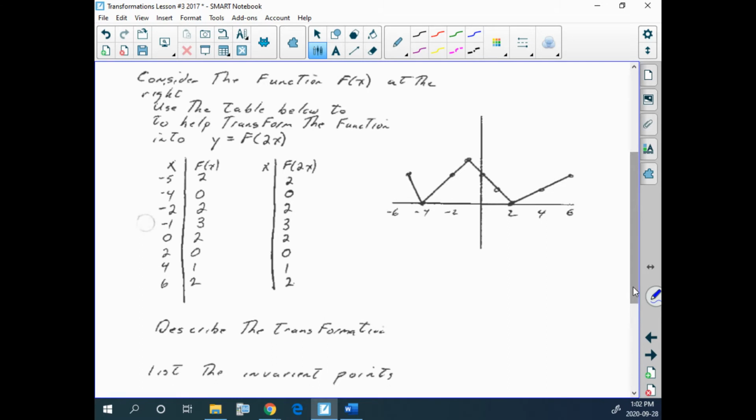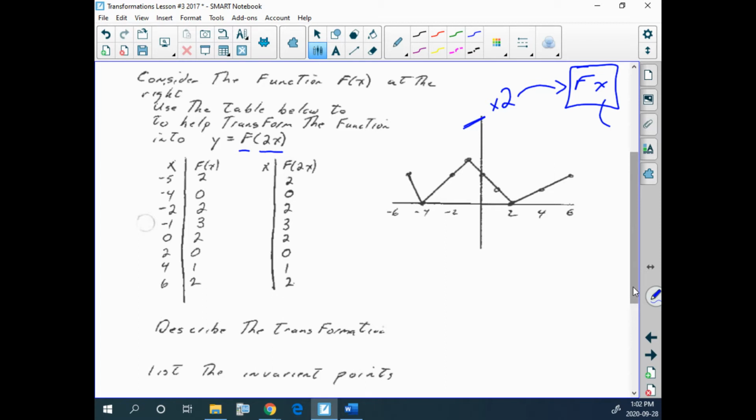We're going to talk about f(2x). Now, if you think about this, we are taking the input number, multiplying it by 2, then that input number goes into the machine that's going to give us the output number.